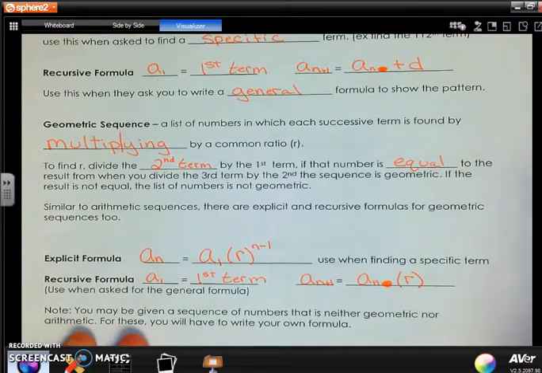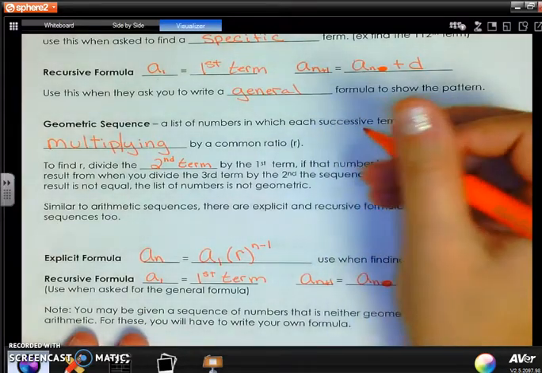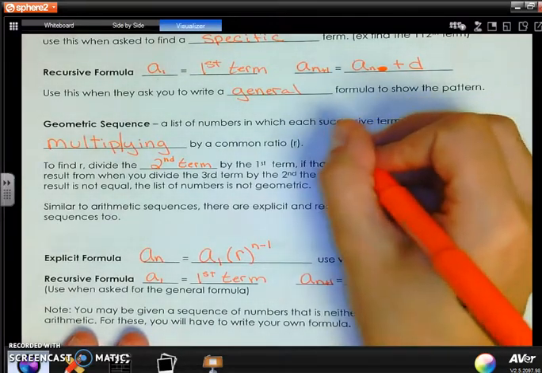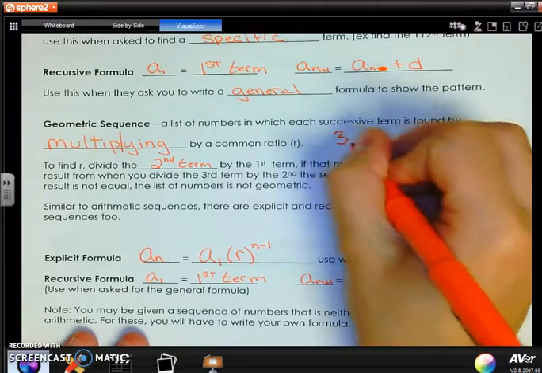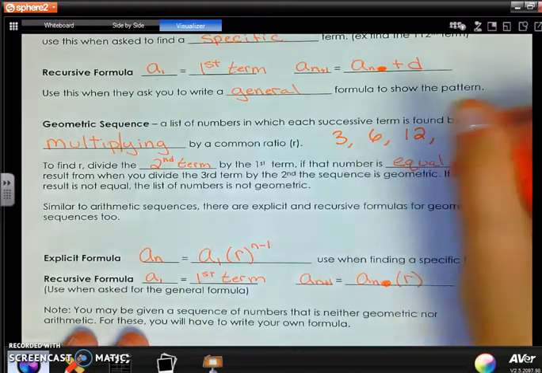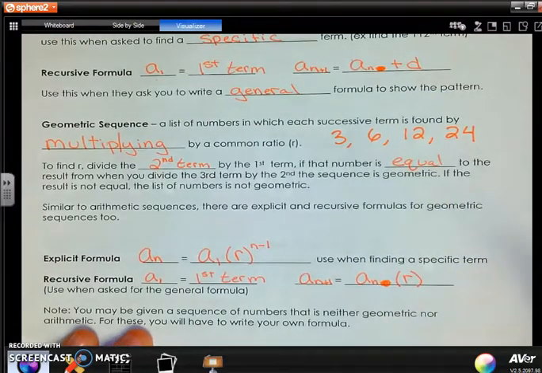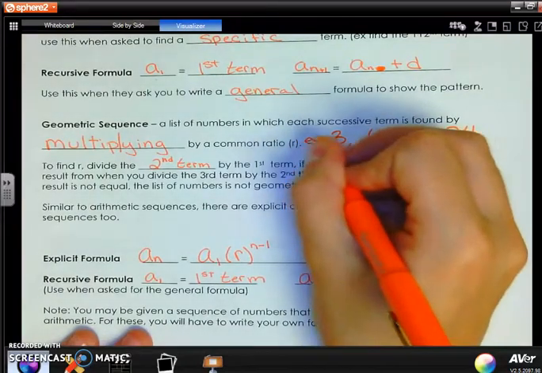So again, I'll just use another simple example. Say the sequence of numbers that you had was 3, 6, 12, and then 24. Okay? So say you were given this list of numbers, and I'll just write the example right there.